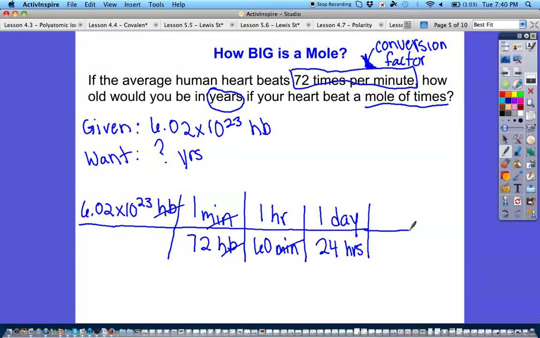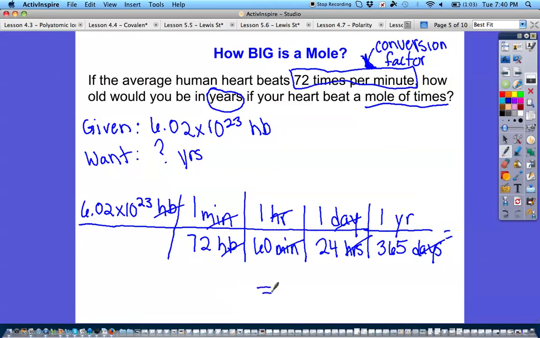But we don't want days either. We want years, so in one calendar year there are 365 days. Then days cancel and we're left with years.